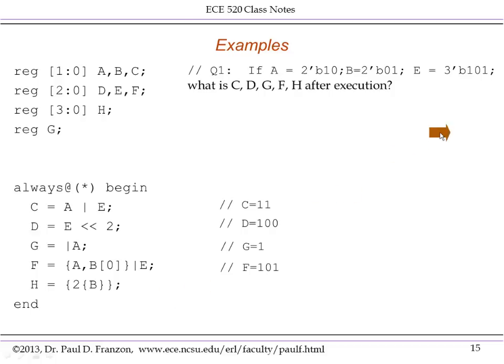ORing that with E, which is also 1, 0, 1, produces 1, 0, 1, assigned to the 3-bit vector F. Here we're building 2 copies of B next to each other. So B is 0, 1, so we build the first copy 0, 1, then the second copy 0, 1. And so H becomes the 4-bit vector 0, 1, 0, 1.